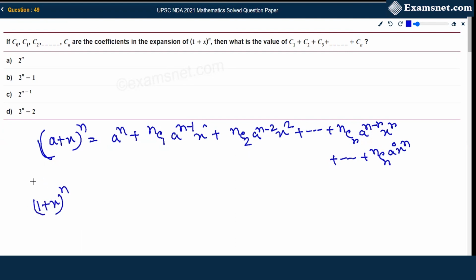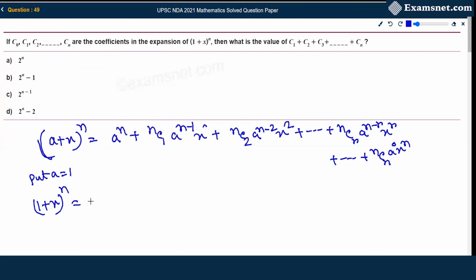Okay, so here we can remember one more formula, that is 1 plus x whole to the power n. That means put a equals 1. So I will put 1 in the above formula and we'll get the value for this. But I will replace all the coefficient parts with C0, C1, C2, Cn, as it's given in the question that C0, C1, C2 are the coefficients in the expansion.